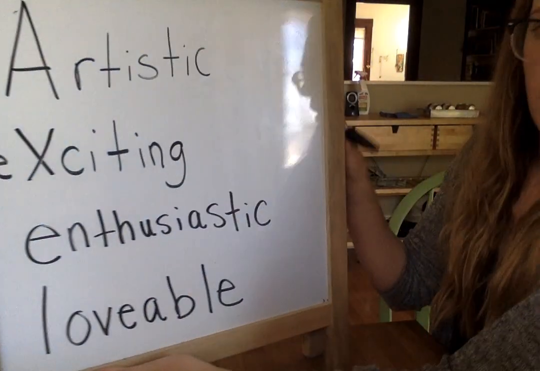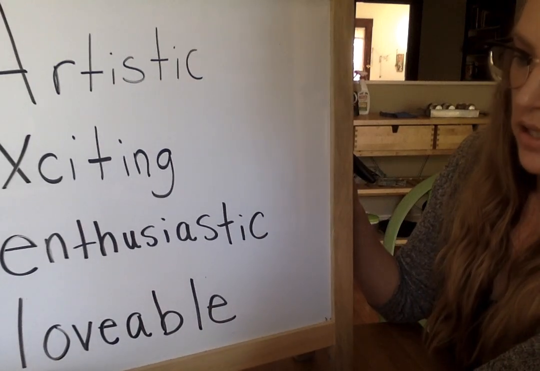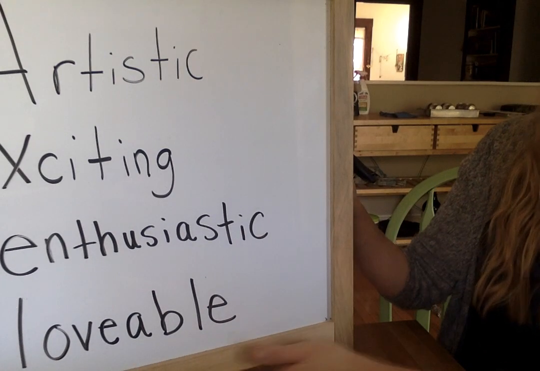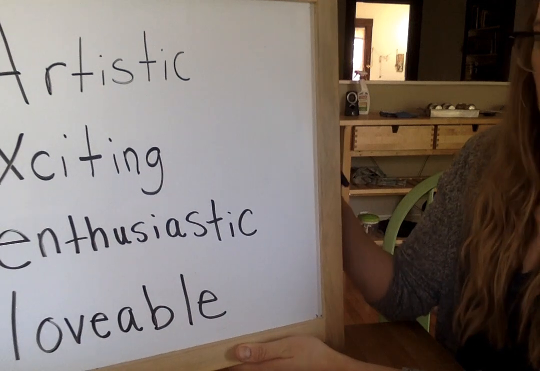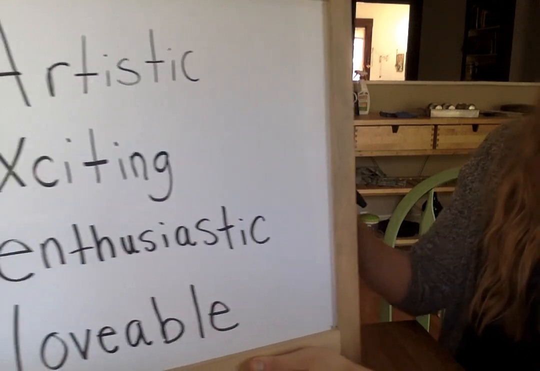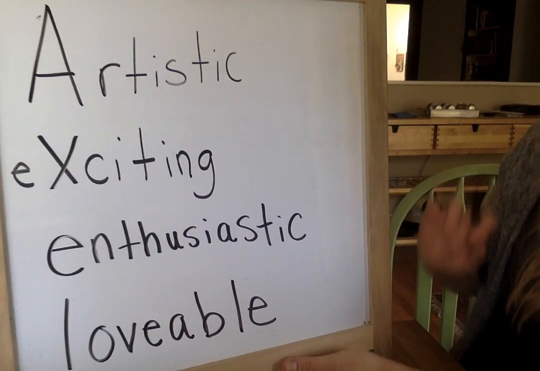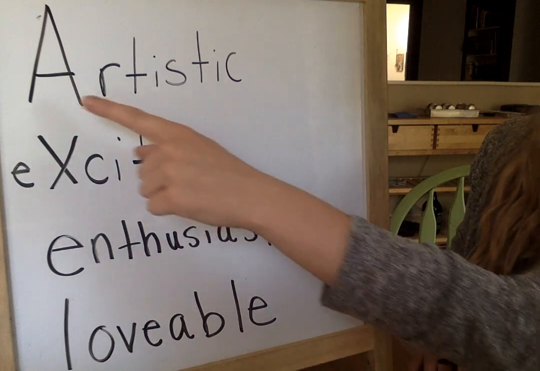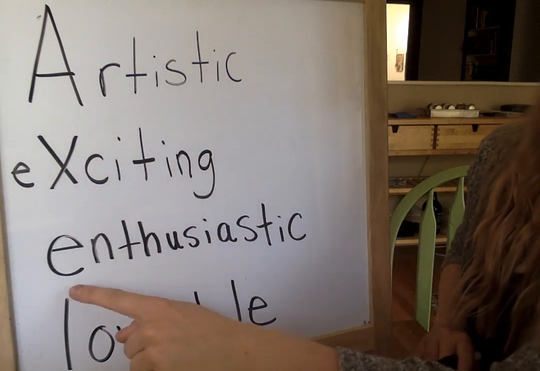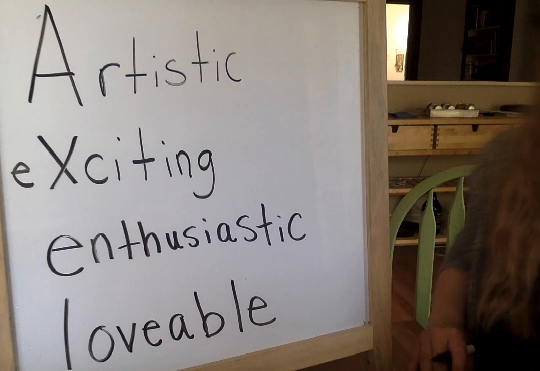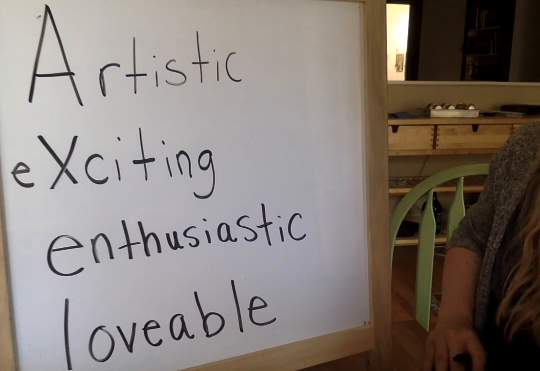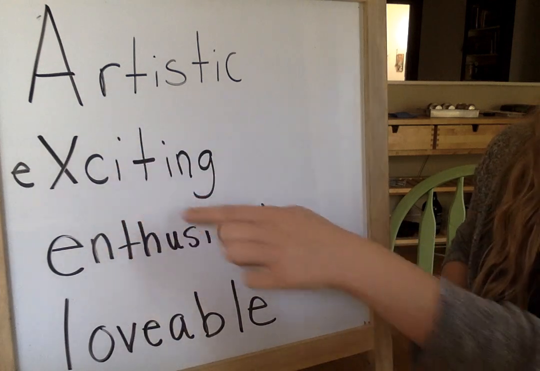All right, and the adjective that I chose is lovable, because I think Axel is very lovable. So, let me position this right. So do we see how we did this? For each letter of the name, I want you to think of an adjective that describes it, and we're going to write it this way.